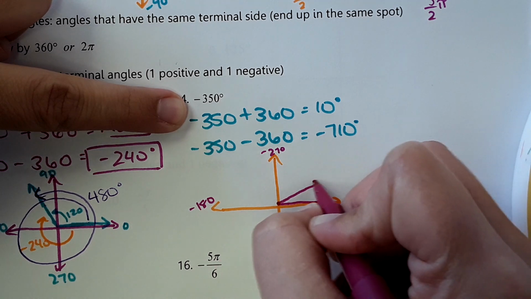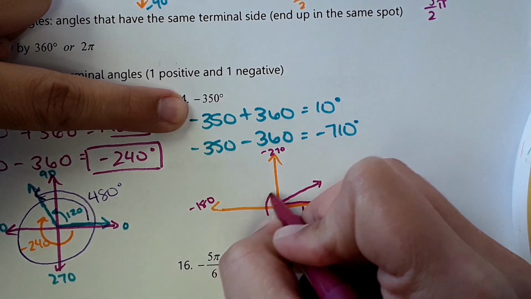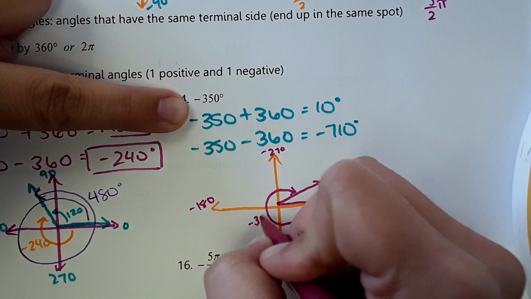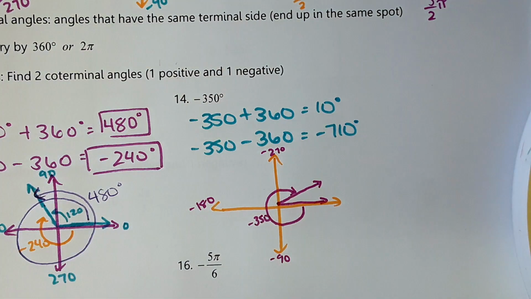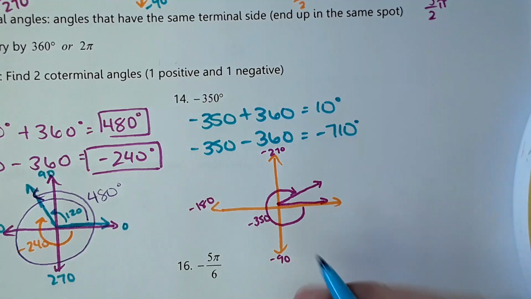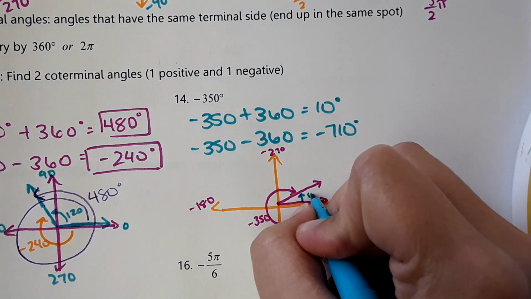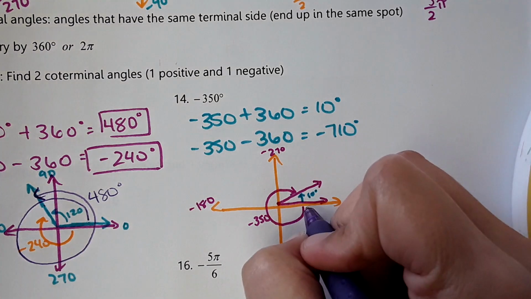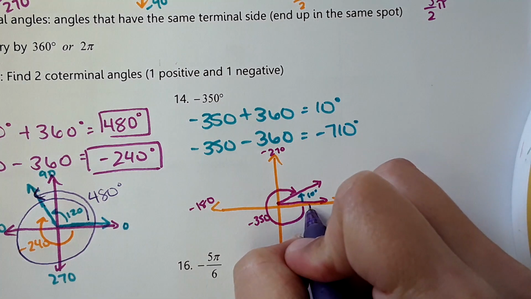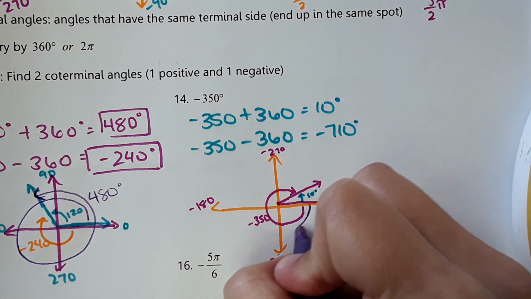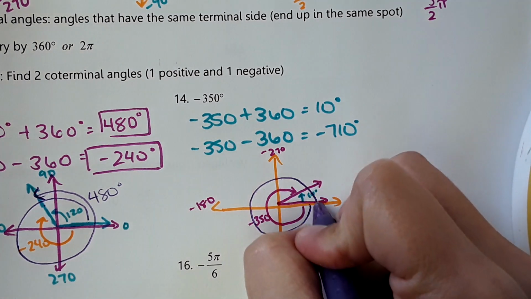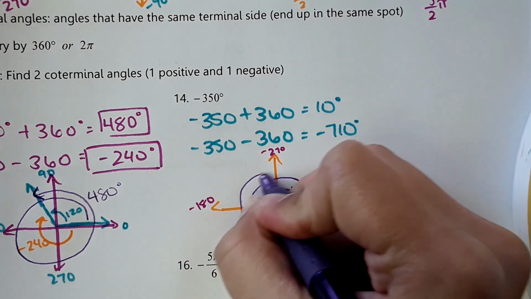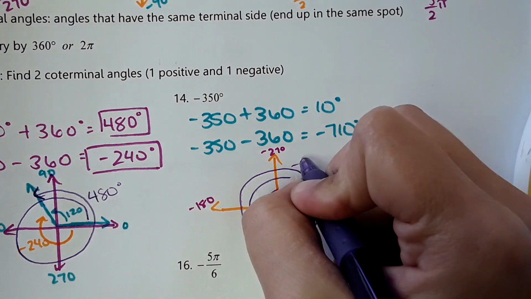Negative 350 would be like over here, all the way around. Negative 350, like this. That would be the same as 10 degrees this way, which would be the same as, here we go. Are you ready for the spiral? 710 is going to go around once, and then an additional 350. Okay, negative 710.